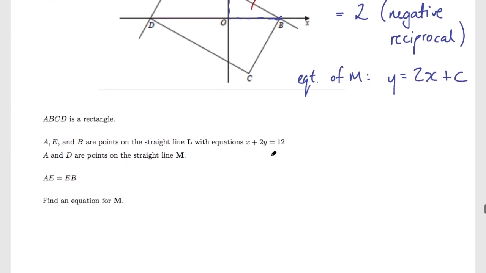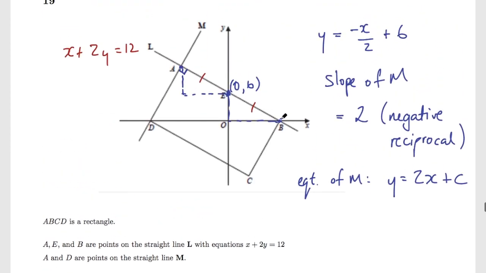Now, one thing I don't like about this question is they don't tell us that B is the x-intercept or that E is the y-intercept. If B was not the x-intercept, this would change the question, but we kind of have to assume that is the case, which I don't really like.